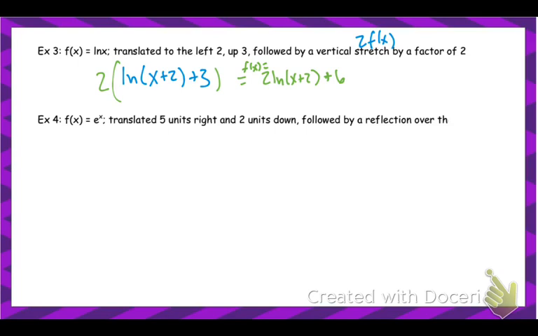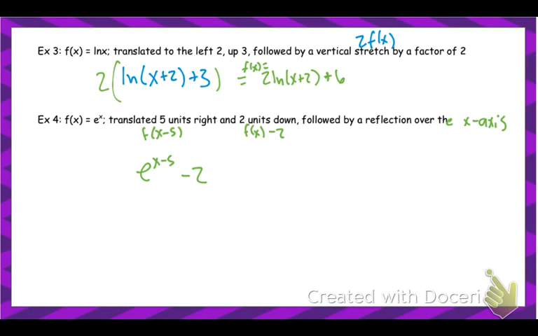All right, then on my next one, e to the x translated right 5 units. Right 5 is f of x minus 5, so this is going to become e to the x minus 5. 2 units down, that's f of x minus 2. Reflection over the, it got cut off, but I'm pretty sure your notes say over the x-axis. Oh, there it is, it's now showing up on my computer.